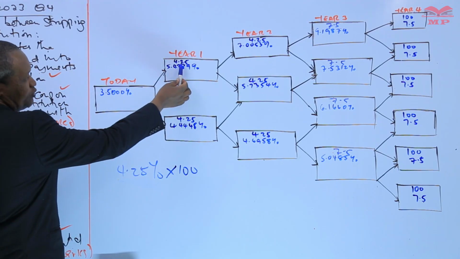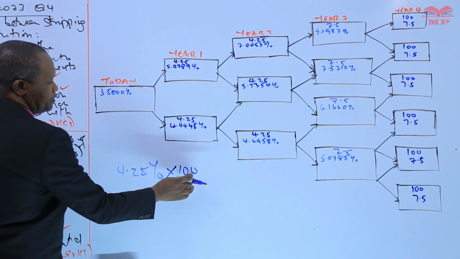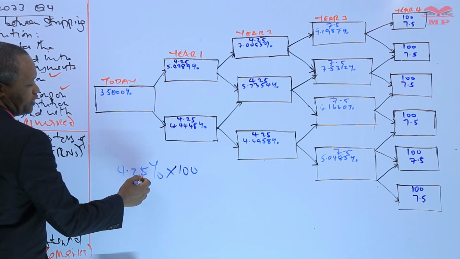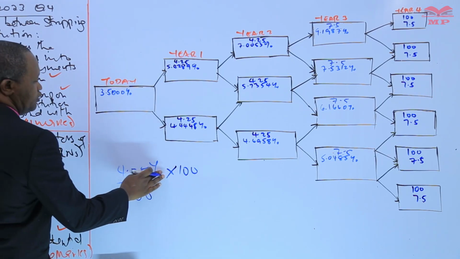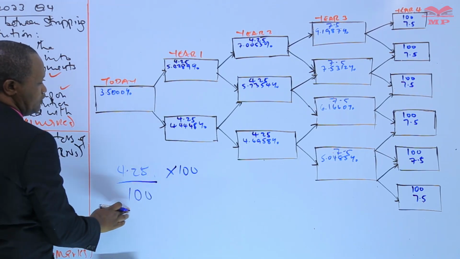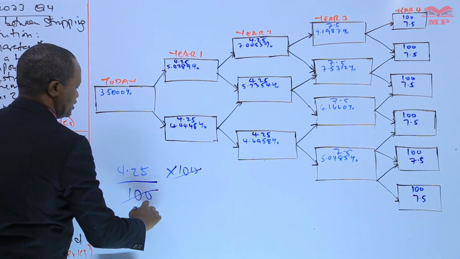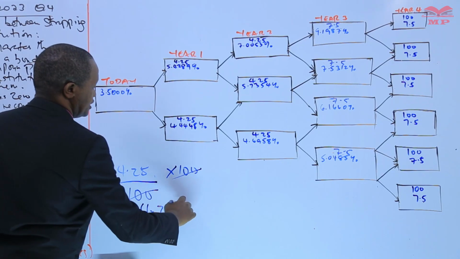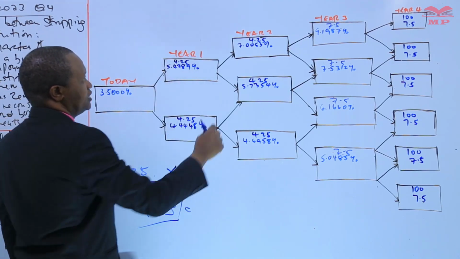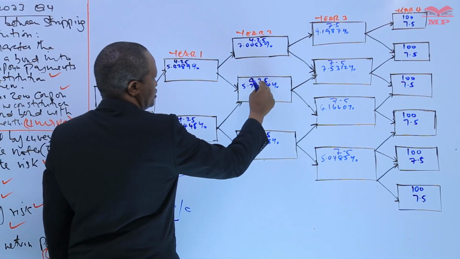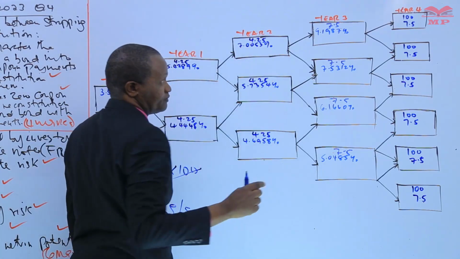When converted into percentage, this interest will be 4.25% times 100. So 4.25% is equivalent to 4.25 over 100 times 100. So this gives us 4.25 shillings. That's why here we have 4.25 shillings for the first 2 years.